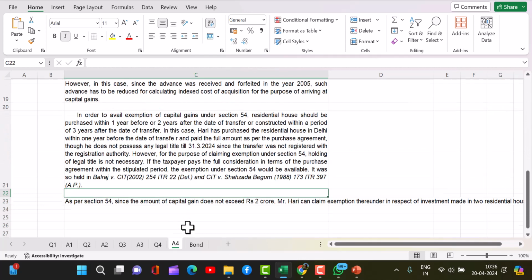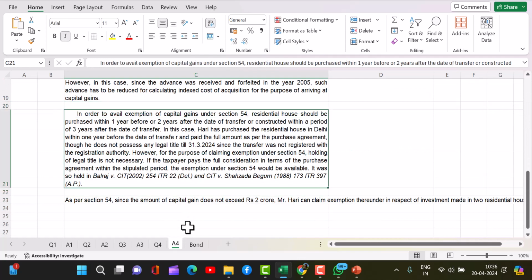So now read this. Kajal. In order to avail exemption of capital gains under Section 54, the residential house should be purchased within 1 year before or 2 years after the date of transfer, or constructed within a period of 3 years after the date of transfer.